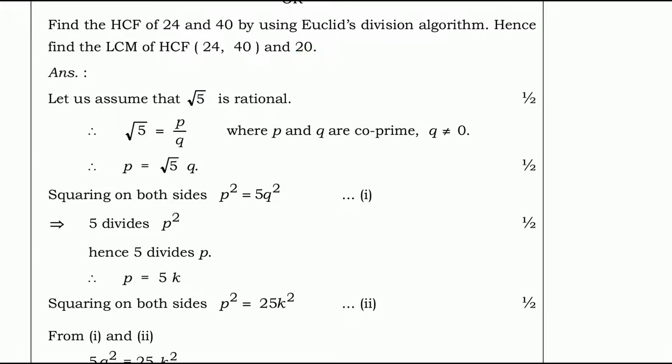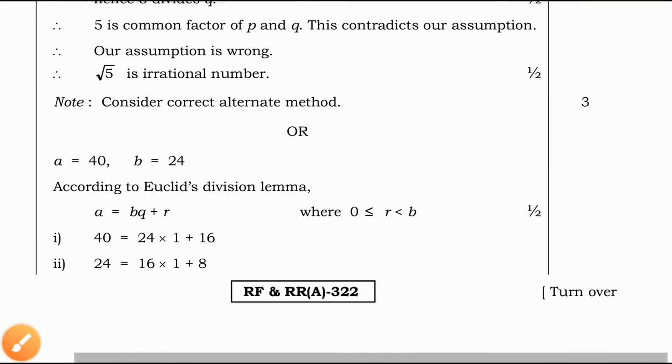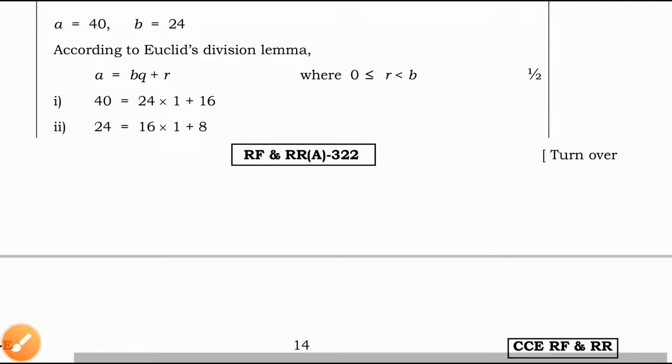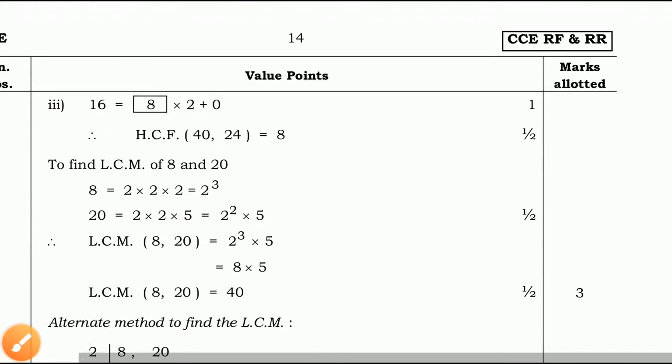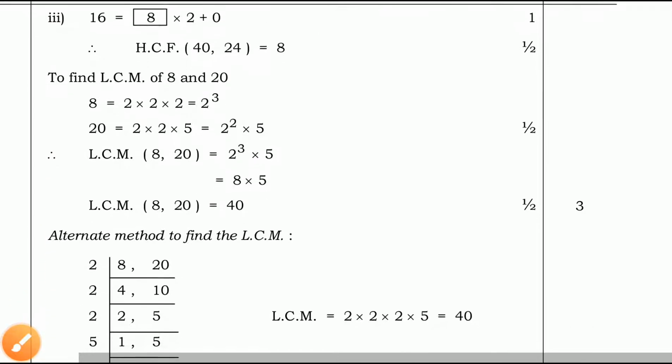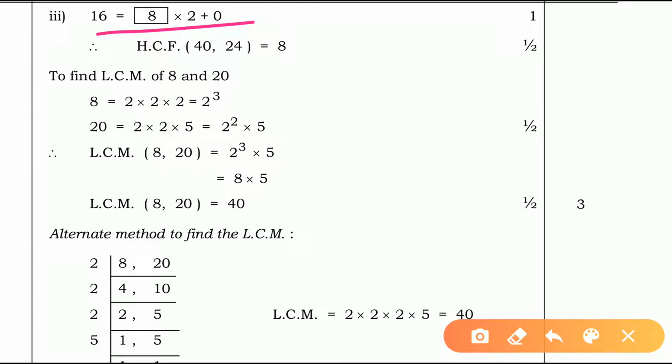Second question: a is equal to 40 and b is equal to 24. According to the division lemma, a is equal to bq plus r, where 0 is less than or equal to r less than b. 40 can be written as 24 into 1 plus 16. 24 can be split into 16 into 1 plus 8. 16 can be split into 8 into 2 plus 0.